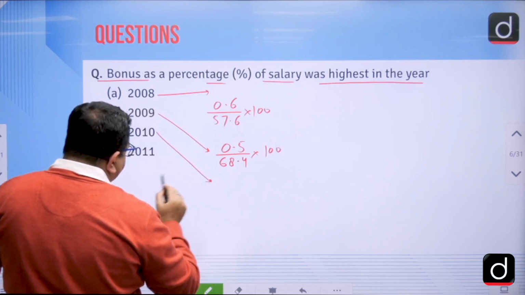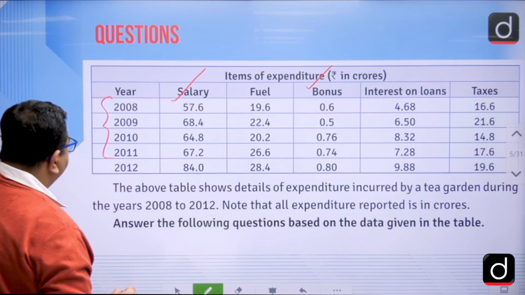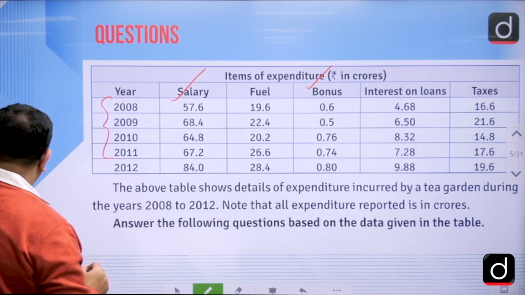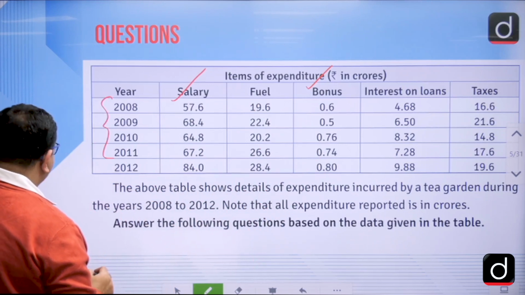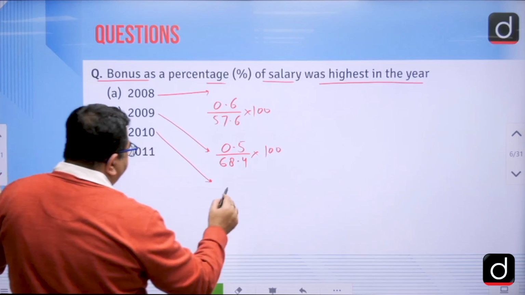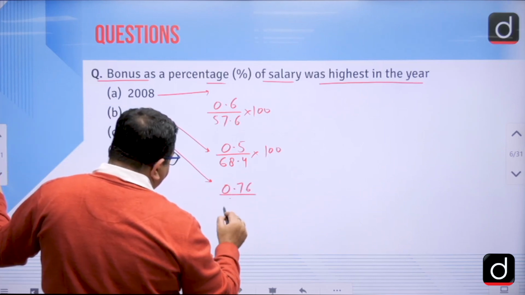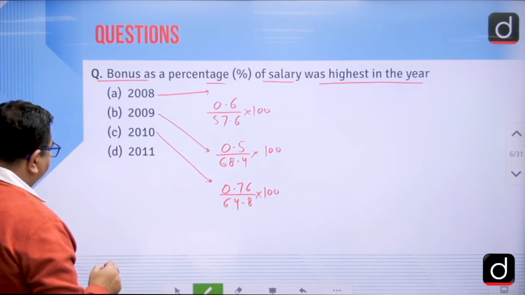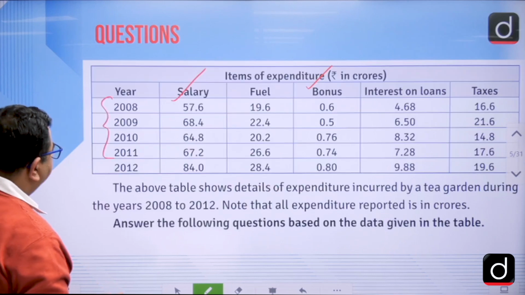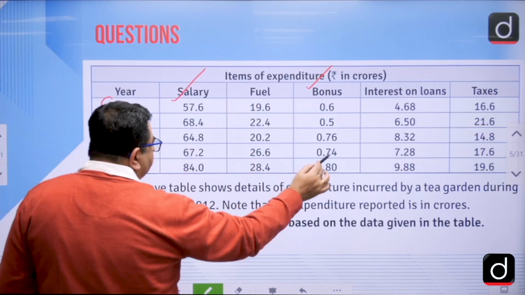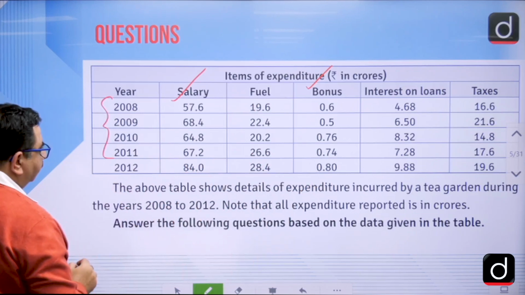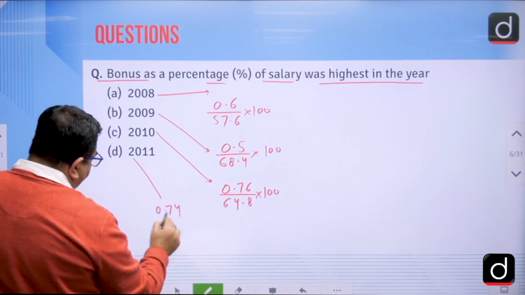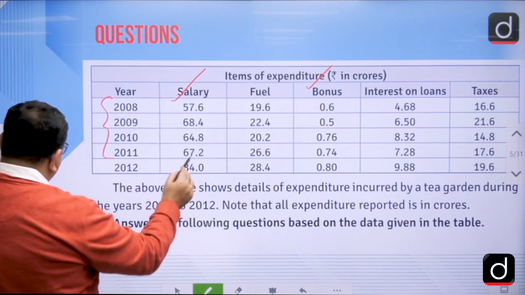Then for 2010 we can write in the same manner, that is 0.76 divided by 64.8 into 100. And then again for this year, 0.74 divided by 67.2 into 100.